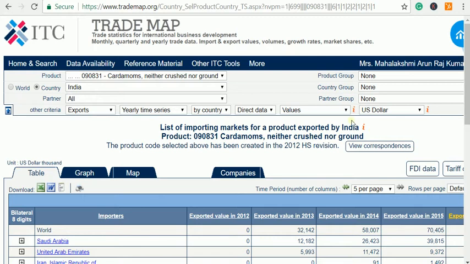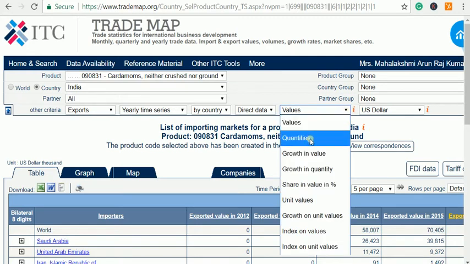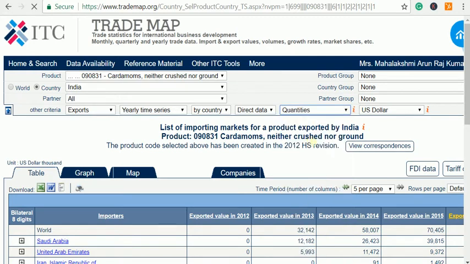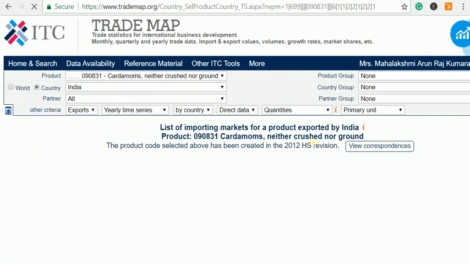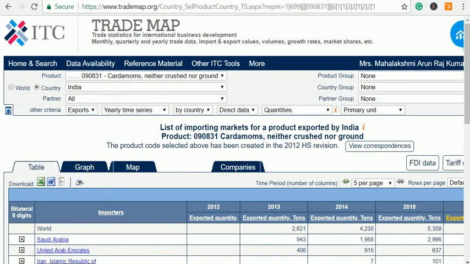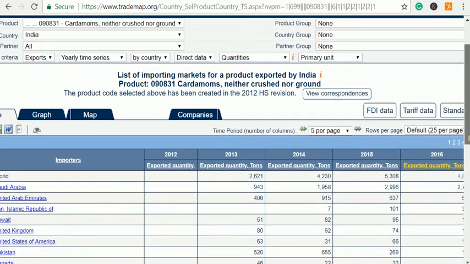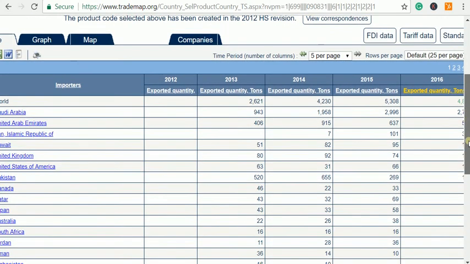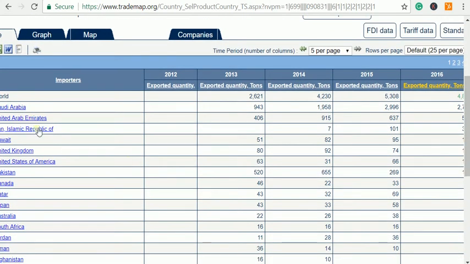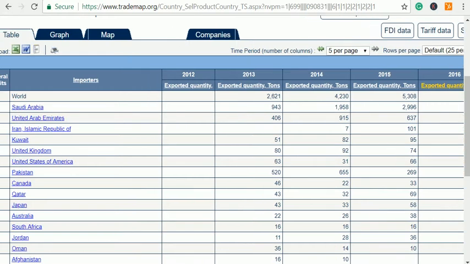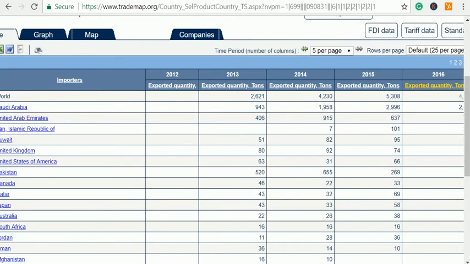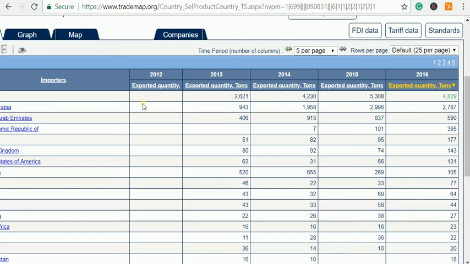Okay, in this let's take quantity as a criteria. Here we see that cardamom export from India is mainly to Saudi Arabia, UAE, Iran, Kuwait, UK. Okay, so here there is no value in 2012.